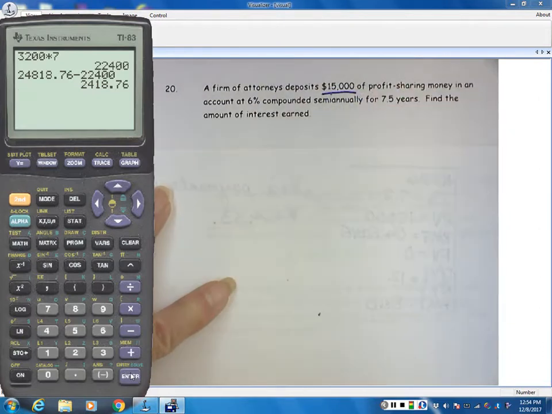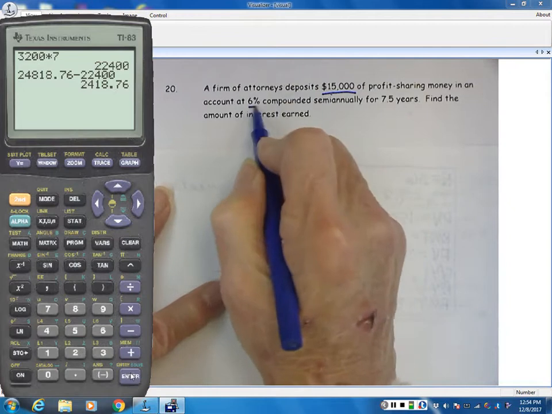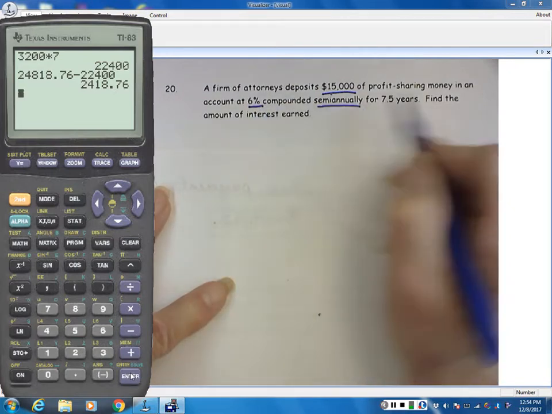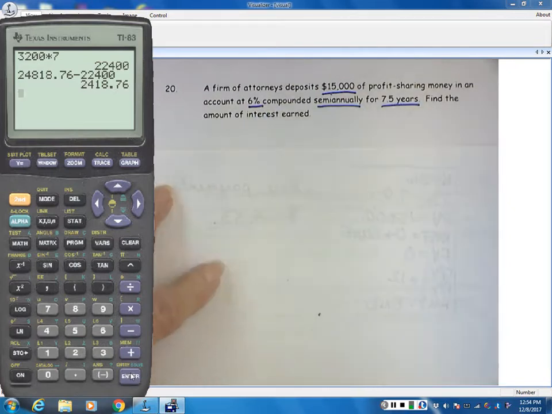A profit sharing money in an account that is paying 6% compounded semi-annually for 7.5 years. They want to know, this problem says find the amount of interest earned. So the TVM solver is going to need the information.